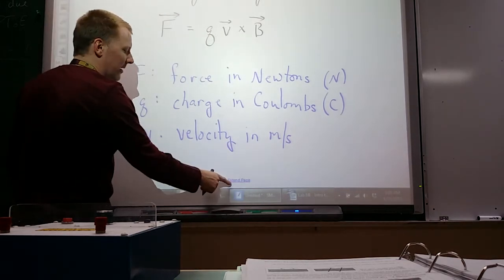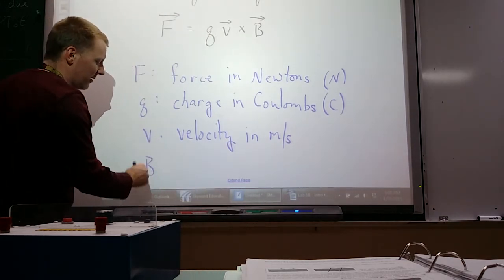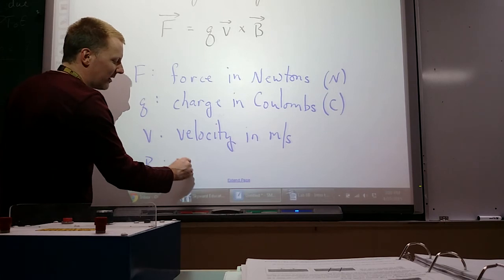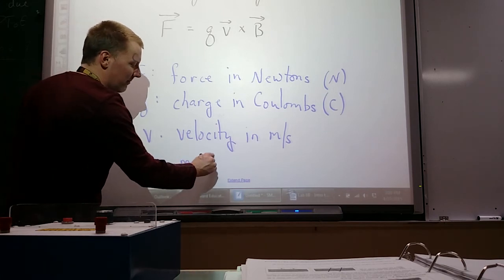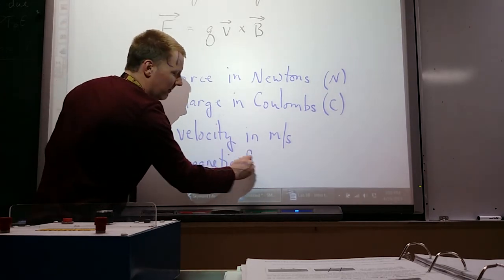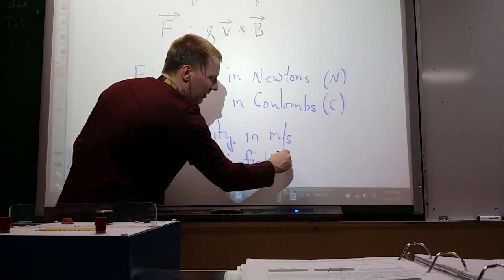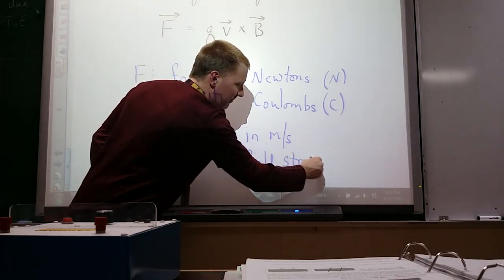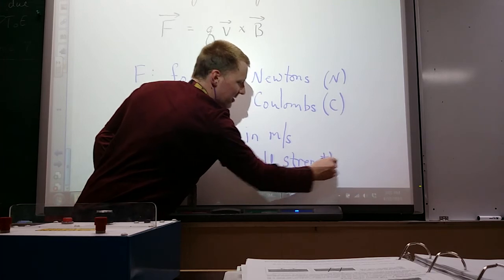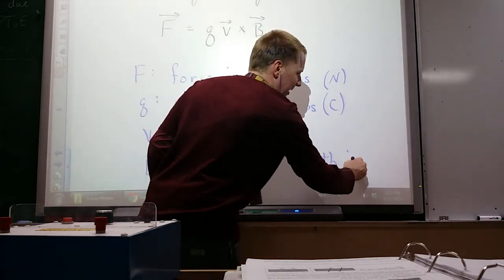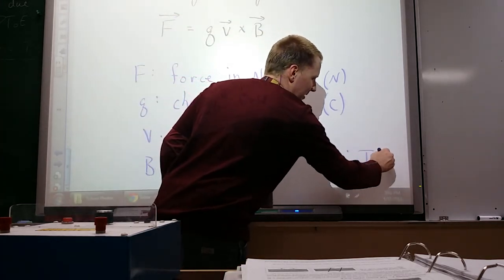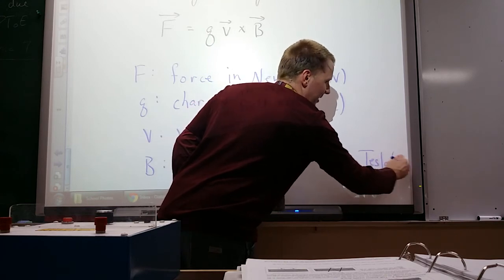B we don't know yet. I mentioned it a little bit ago. B is the magnetic field strength. The base unit that we use in physics is called a Tesla, after Nikola Tesla.